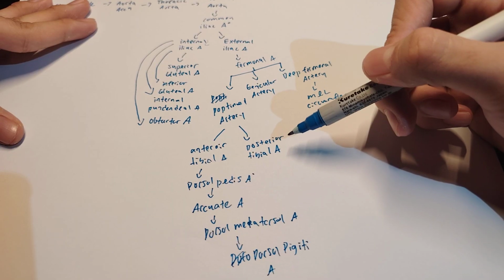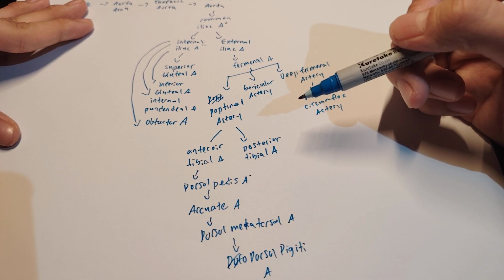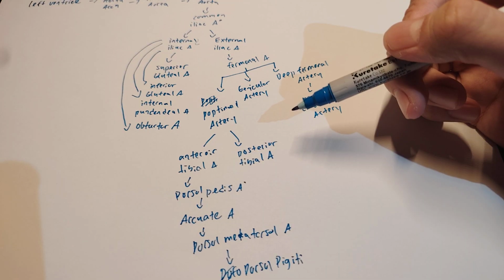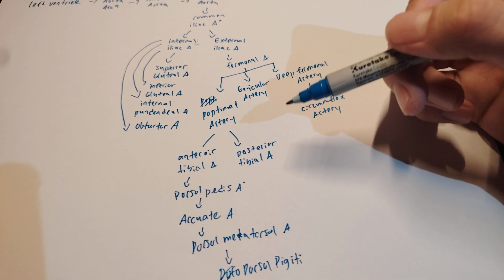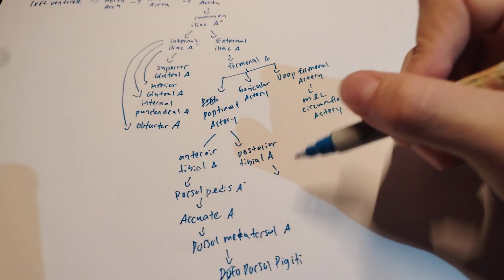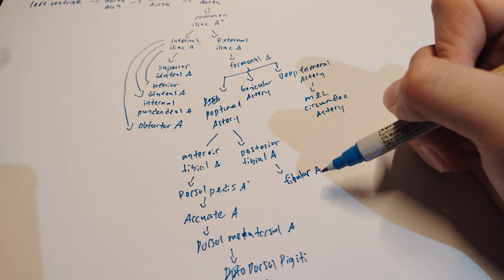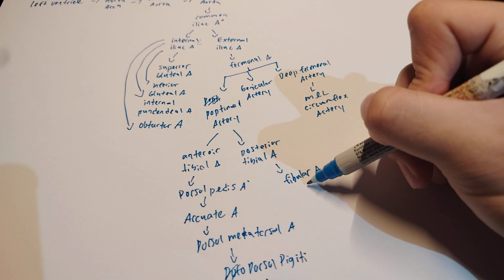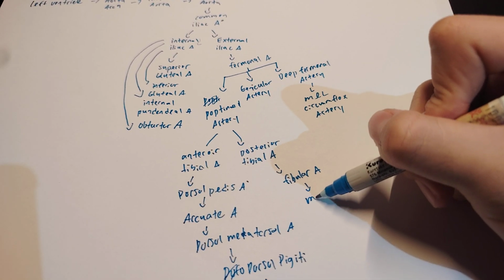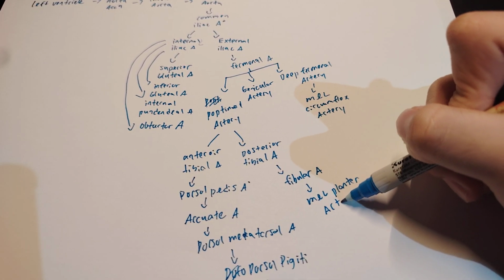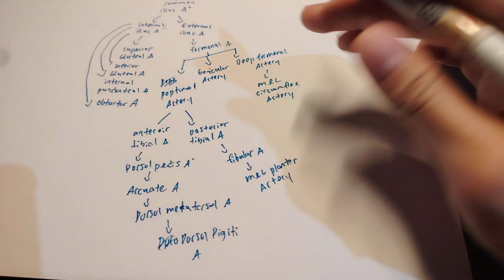Now let's start with our posterior tibial artery. Okay. So our posterior tibial artery is then going to split into the structure known as the fibular artery. From the fibular artery, it's then going to split into the structure called the medial and lateral plantar artery.